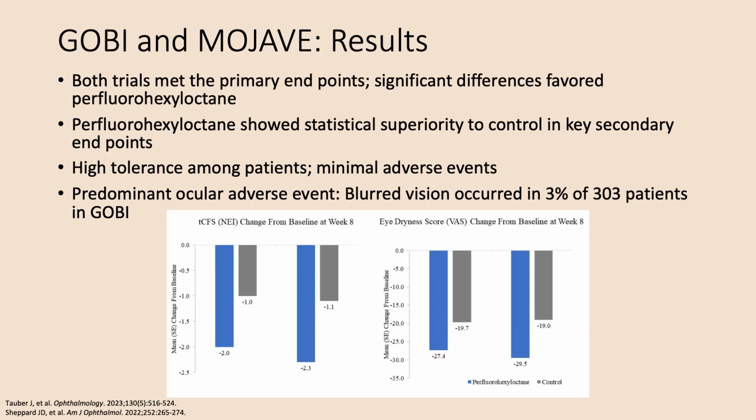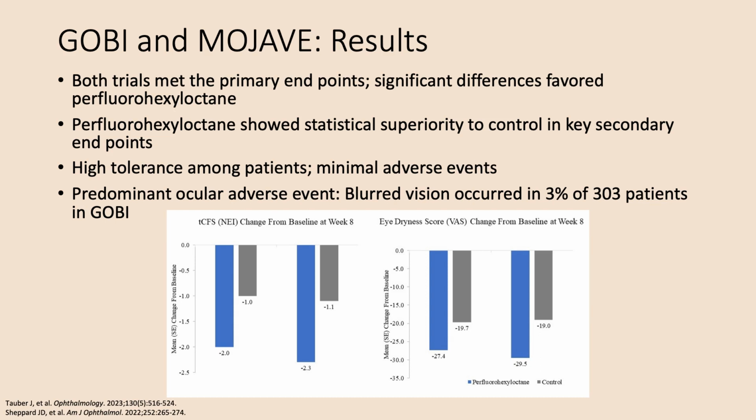And both trials met the primary endpoints with significant differences that favored perfluorohexyloctane. In fact, the total corneal fluorescein staining, the change from baseline to week 8 in both Gobi and Mojave were statistically superior to the control. And then the same thing with the eye dryness score shows statistical superiority from baseline to week 8.